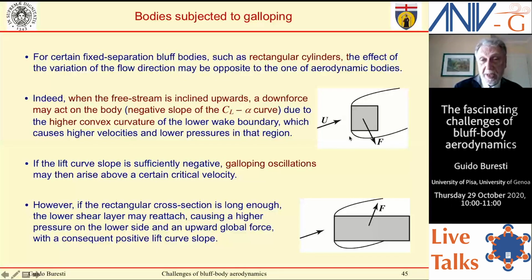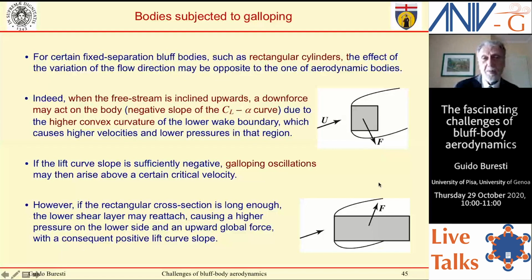These low pressures more or less act in this region. They are not the same, obviously, but all these regions have lower pressure than the upper region. So you get globally a downward force. Obviously, if the body is too long, then you get reattachment and you get a positive force.